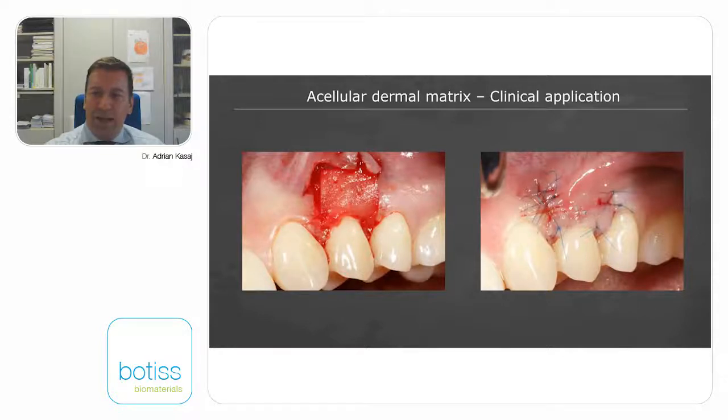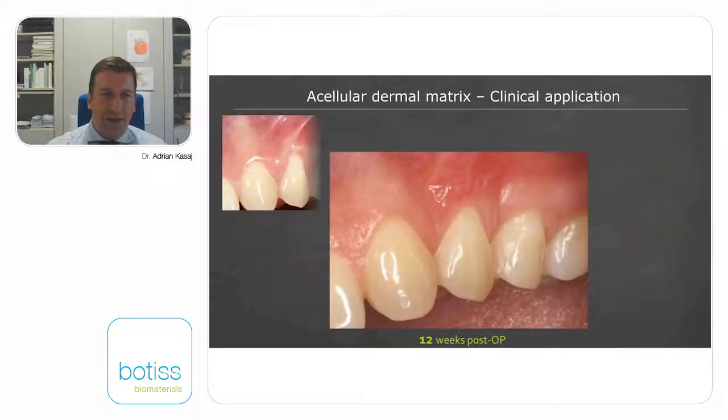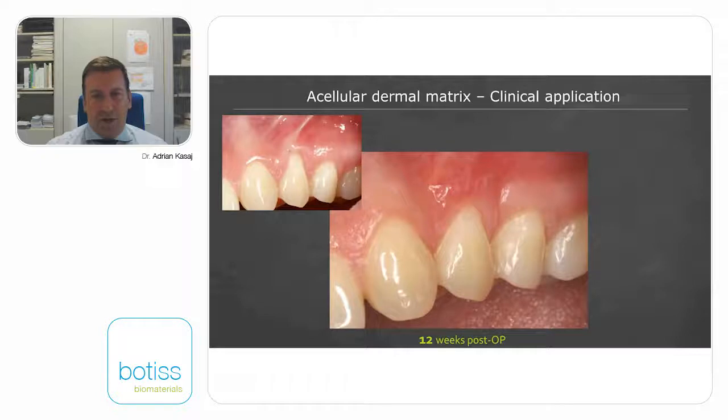You can see the tensionless advancement of the flap and the clinical outcome 12 weeks post-operative in comparison to the baseline situation. Again, you can see the coverage of the root surface, thickening of the marginal tissue.